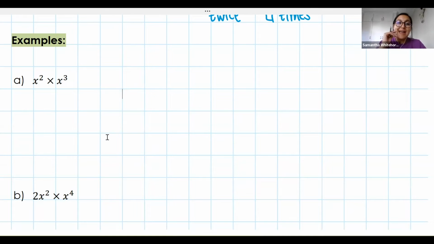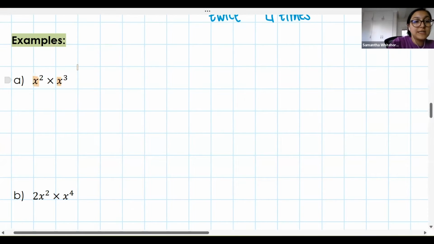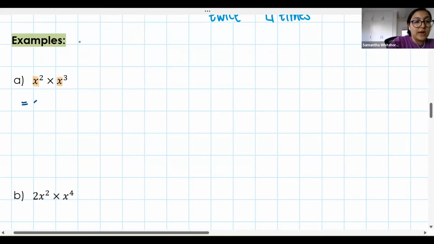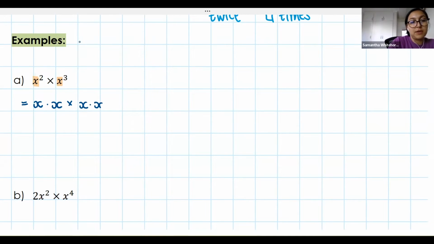So here we've got x to the power 2, or x squared, multiplied by x to the power 3, or x cubed. Now we know that because these bases are exactly the same, I could just add the exponents, and that's absolutely fine. But I want you to see why that is the case. If we have a look at the x squared, that is telling me that I am multiplying x twice. And if I have a look at the x cubed, that is telling me that I'm multiplying x 3 times.